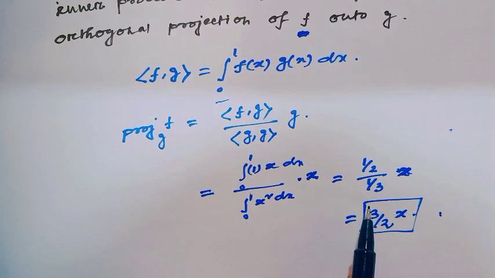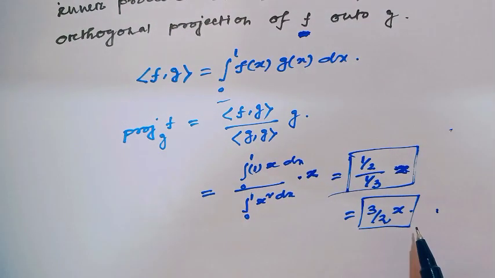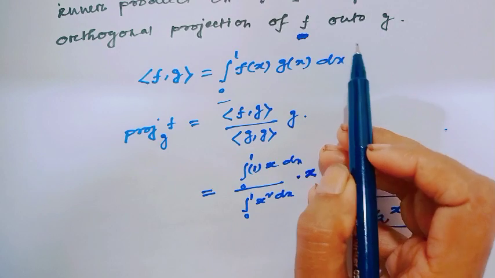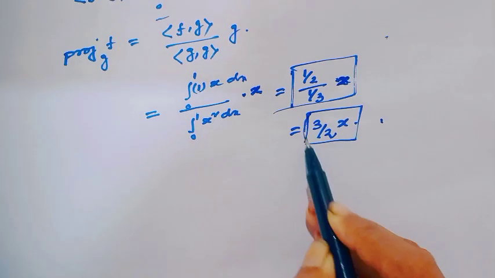Now after calculating the integration, this would be 3 over 2 x. Are you getting it? That means the projection of f onto g is 3 over 2 x, this function.